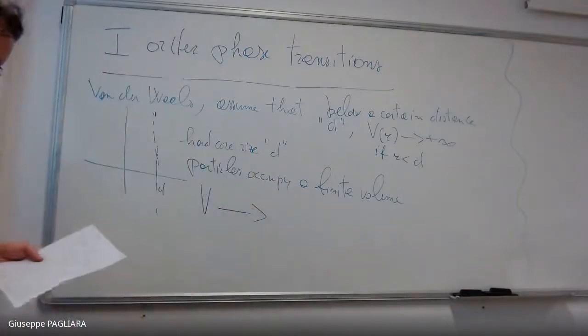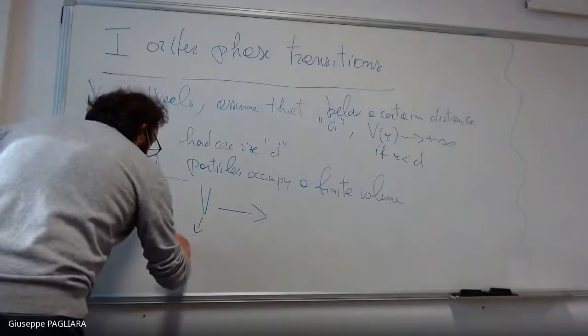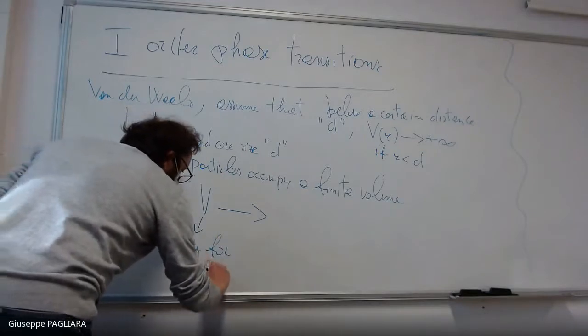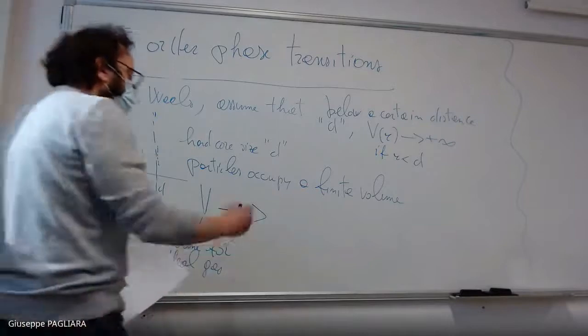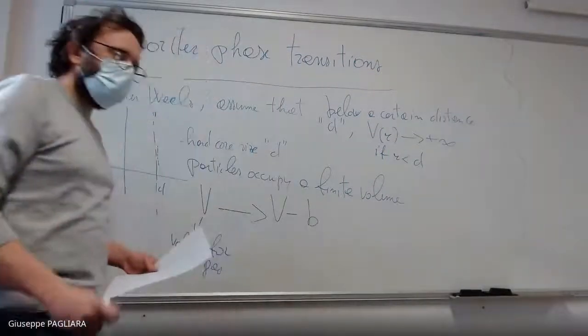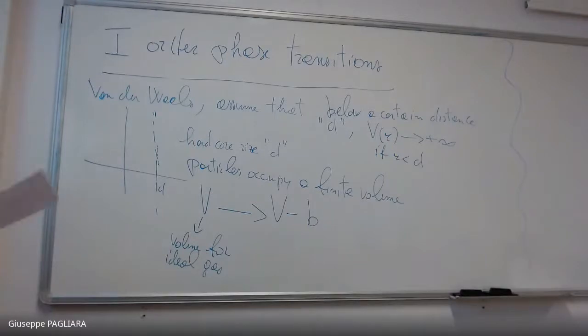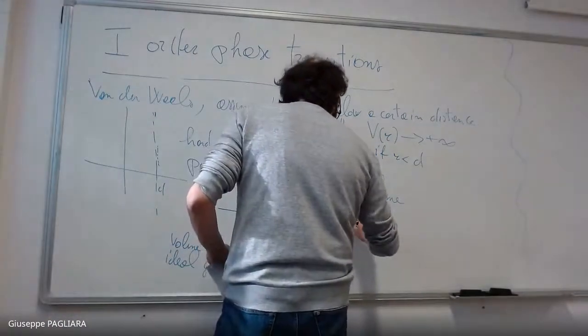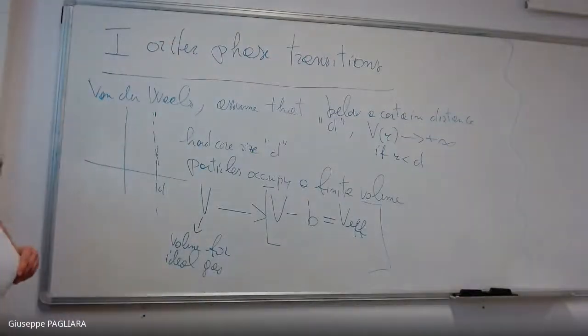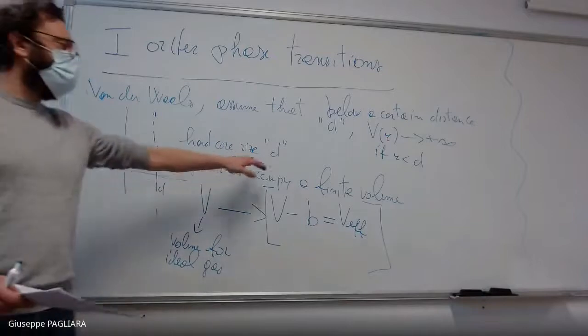So this V that was the volume for the ideal gas must be substituted by the volume of the box minus a certain number that is called B, that provides a correction to the volume, which at the end provides an effective volume that can be occupied by the gas, by considering the fact that the particles have a finite size due to this hardcore repulsion acting at a distance D. Okay?